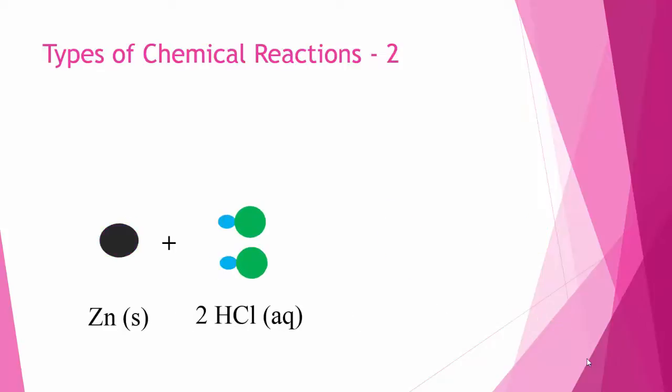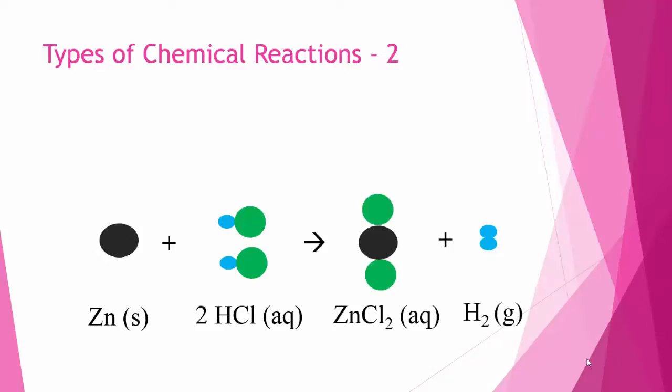Another example is solid zinc and hydrochloric acid, which is aqueous, will react to make zinc chloride, which is aqueous, and hydrogen, which is a gas, and you will see bubbling through the water.